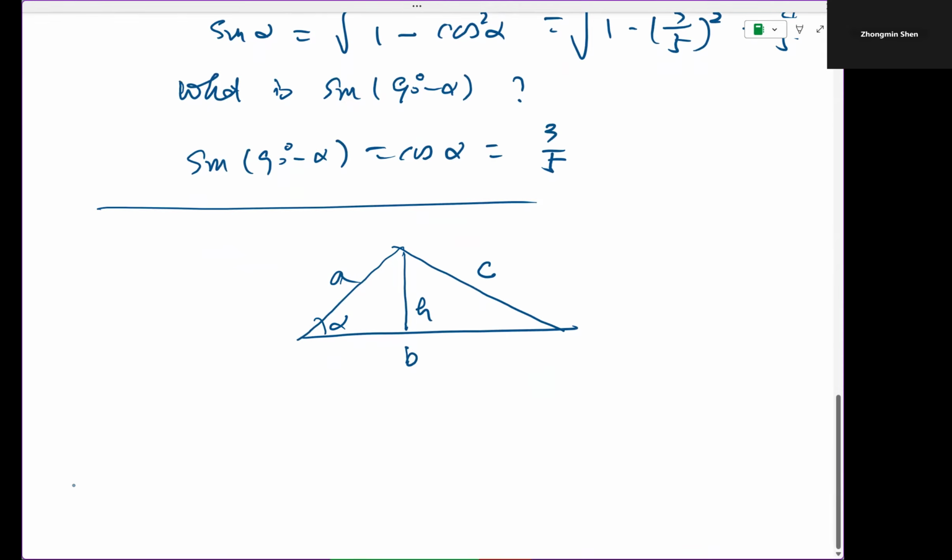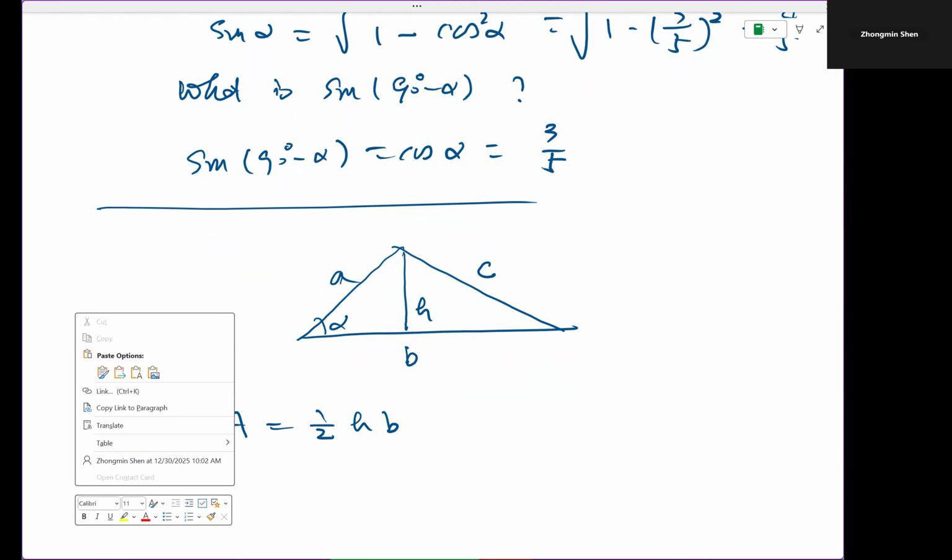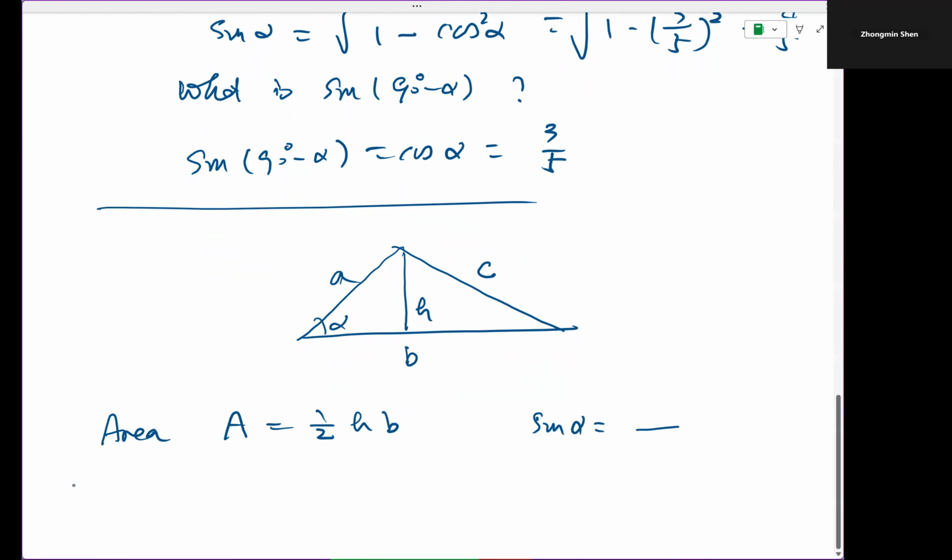Okay. So the area, remember, is going to be half of H times B. Do you agree? Right? But on the other hand, sine alpha is going to be H over A. Do you agree?